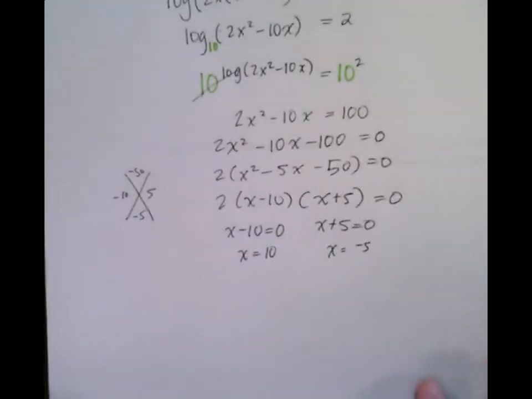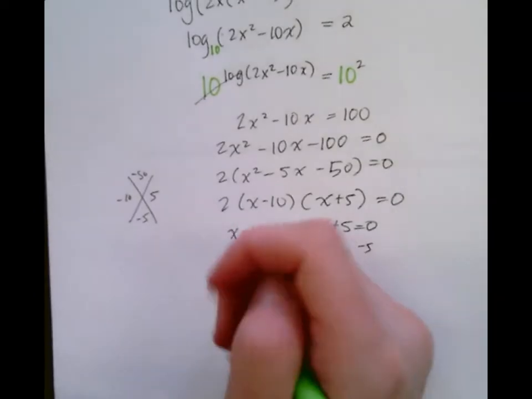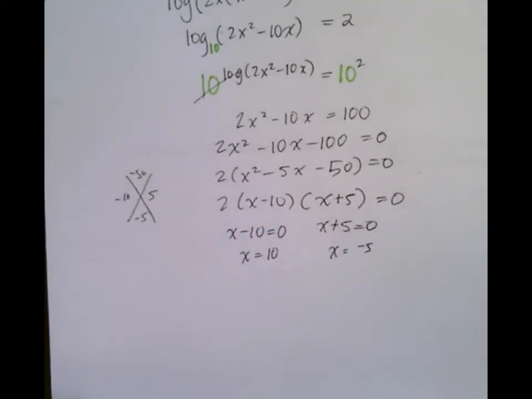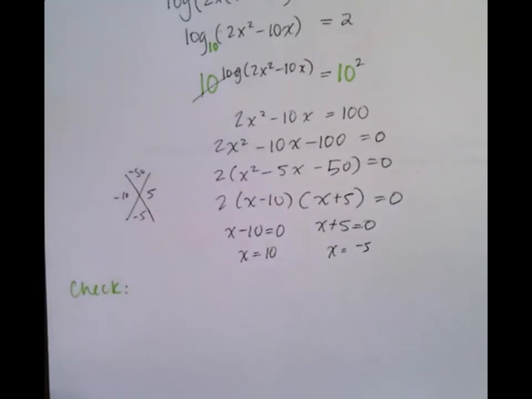Now this is a situation where it's going to be important to check because especially when you get negative numbers, sometimes negative numbers don't work because we can't actually take the log of a negative number. So if we plug in to check, I'm going to first plug in 10.